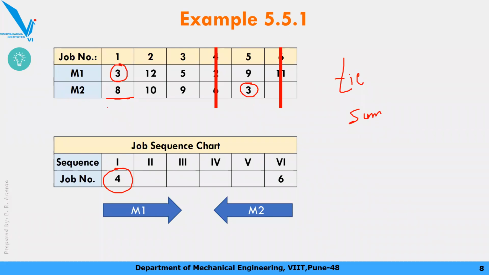So 3 plus 8 is 11, 3 plus 9 is 12. So see which one is the minimum, this one. Right. So don't consider this now, only focus on this job number 1. Okay, so job number 1 is the next in the sequence.